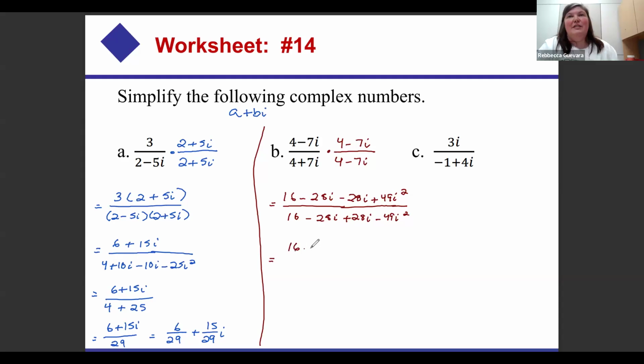That'll leave me with 16 minus 8, 9, 10, 6, 36. No, sorry, 56i plus, oops, it'll actually be minus 49 now on top because of that i squared. The bottom will just be 16 plus 49.